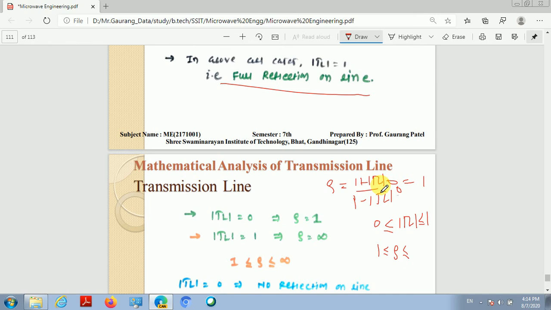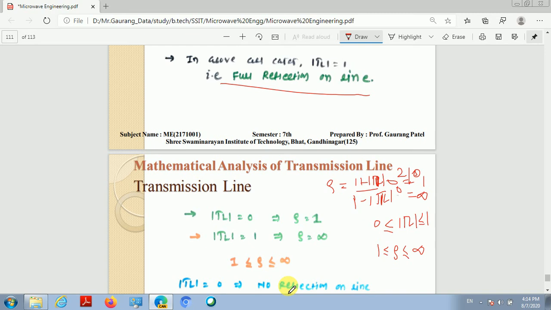If we put 1 here and also 1 here, then this is 2 divided by 1 minus 1, that is 0. So 2 divided by 0 is infinity. So the upper bound on the value of the VSWR is infinity. It means that the value of the VSWR on the transmission line can range between 1 and infinity.